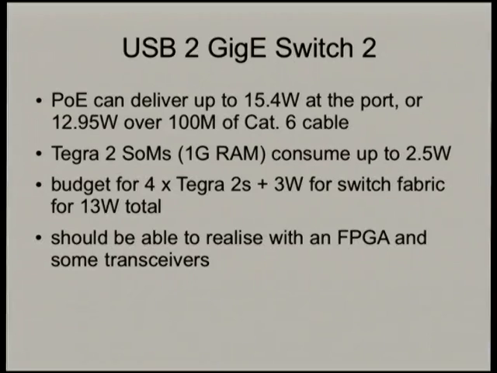Gigabit networking generally uses a reasonable amount of power, just because of the voltages and signalling involved, and the switch fabric and the USB transceivers, of course. And so the intention is to realise that with an FPGA and some transceivers, a gigabit network transceiver and 4 USB 2 transceivers.